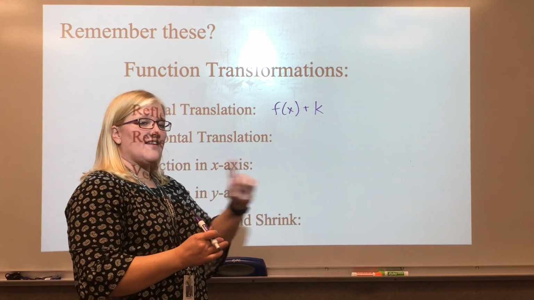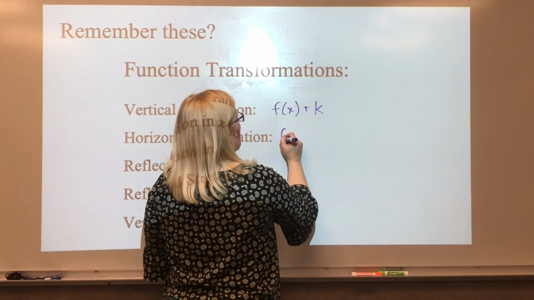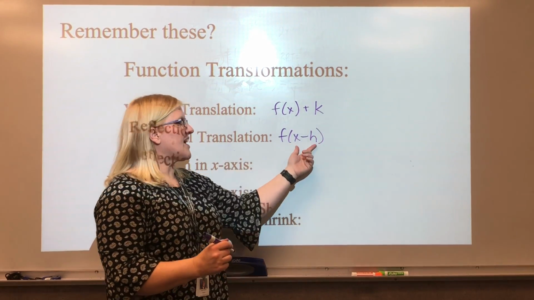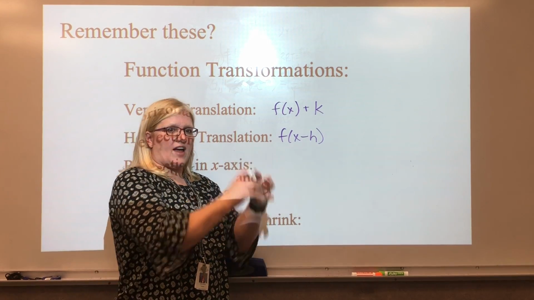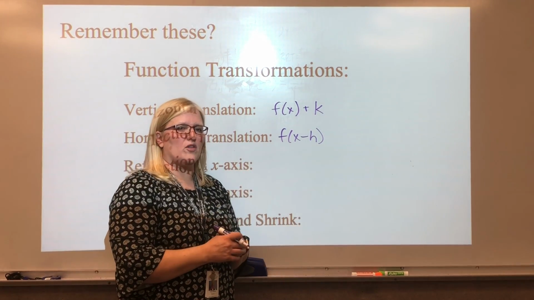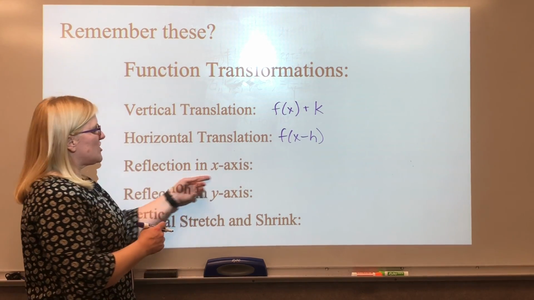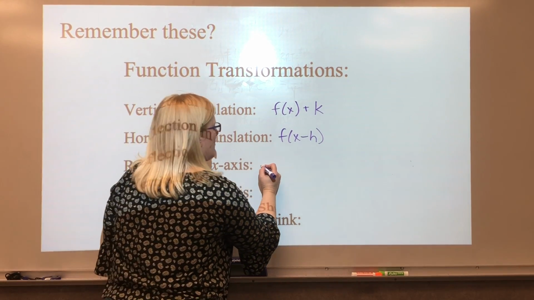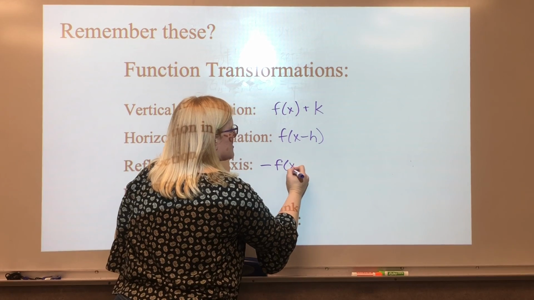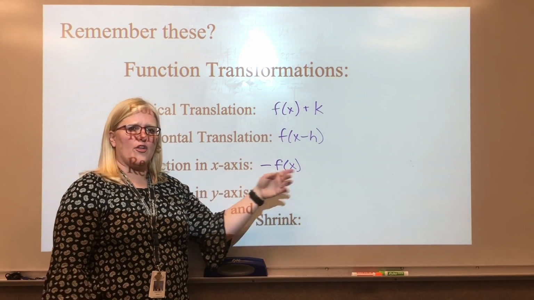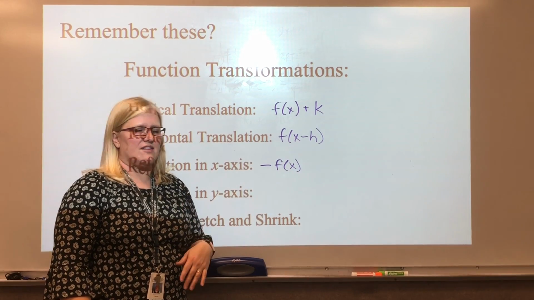If you're moving left to right, then you've got f of x minus h. So you have to put x minus h in for every x in your polynomial. Those get a little tricky. Okay, reflection in the x-axis is when you just take the whole polynomial, the whole function, and multiply it all through, distribute a negative.